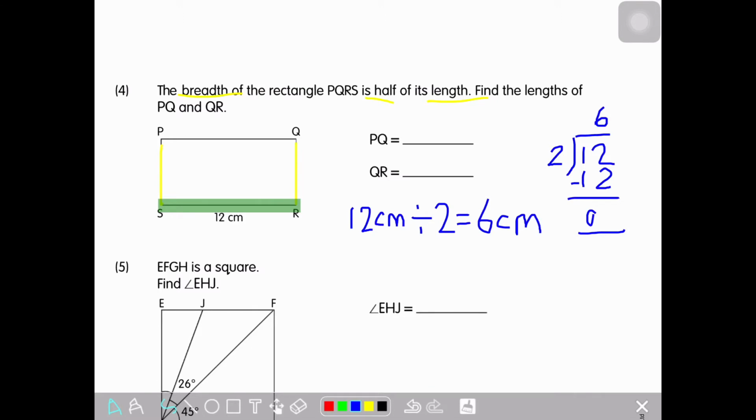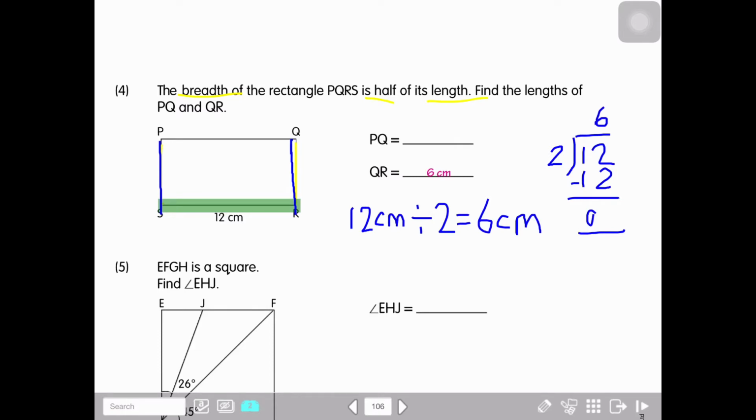So that is half of 12 cm, which is half of the length. So the breadth is half of the length. This is the breadth, which is 6 cm. So QR is 6 cm.